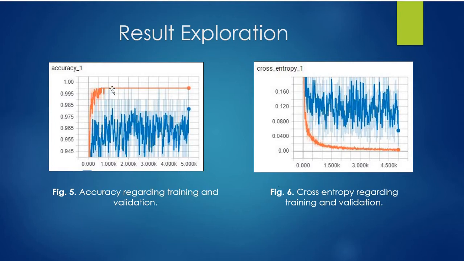Here the orange line represents the training set and this blue line represents the validation set. We can see these values are really great, and from these two figures we can say our model has not exhibited any overfitting.